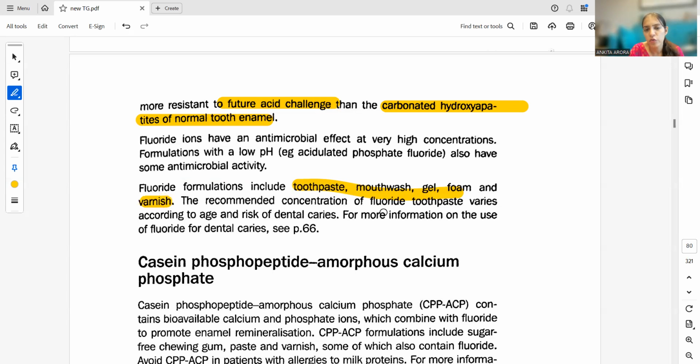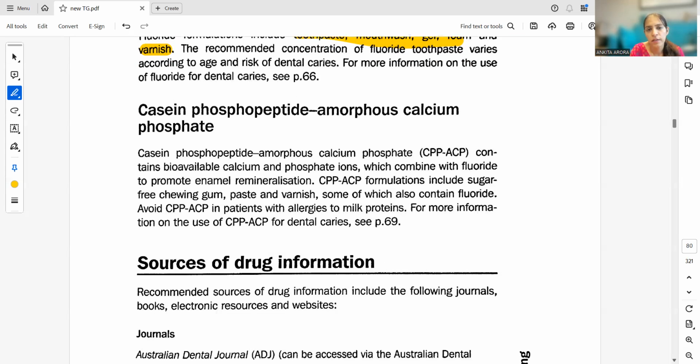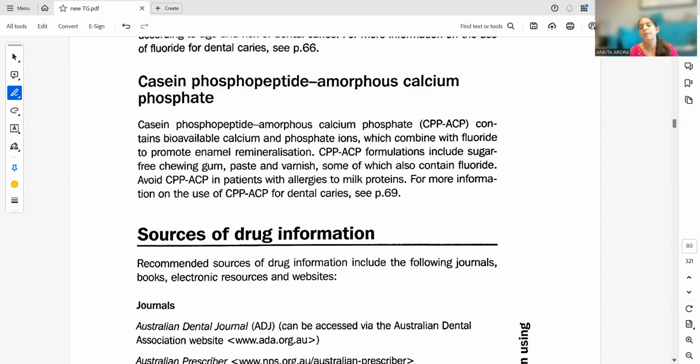The recommended concentration of fluoride toothpaste varies according to age and risk of dental caries, and we will have more information on dental caries when we read further. Fluoride is basically only used for dental caries; there is no other purpose of giving topical fluoride products intraorally.